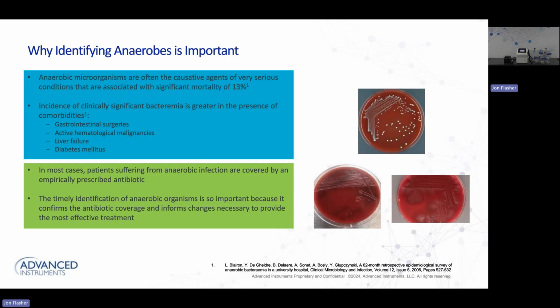Typically, if we have a patient in the hospital or somebody who's been suffering from some other comorbidity for quite some time, maybe they're recovering from a GI surgery, have a hematological malignancy, or are suffering from organ failure, liver failure, or even diabetes mellitus, these conditions put our patients at greater risk of having an anaerobic infection, and of being pooled into that group of infected patients with that mortality rate of around 13%.